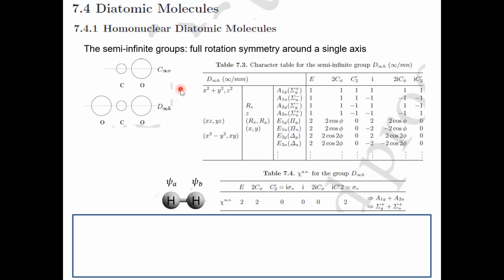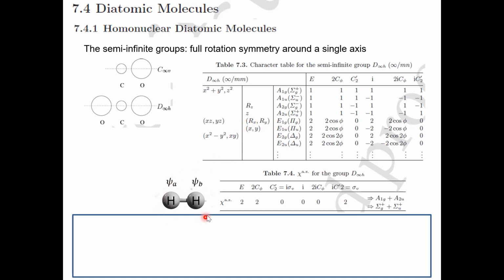So this is in general. Let me now go straight to the problem of homonuclear diatomic molecules, and let's consider again the H2 molecule, the hydrogen molecule, with 2 s orbitals to start with.